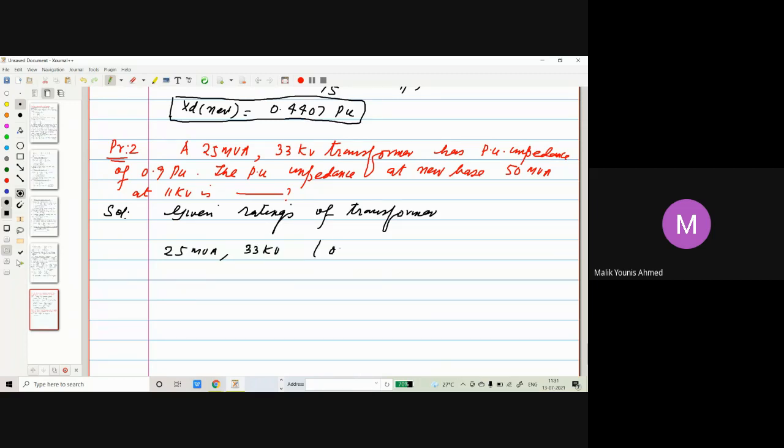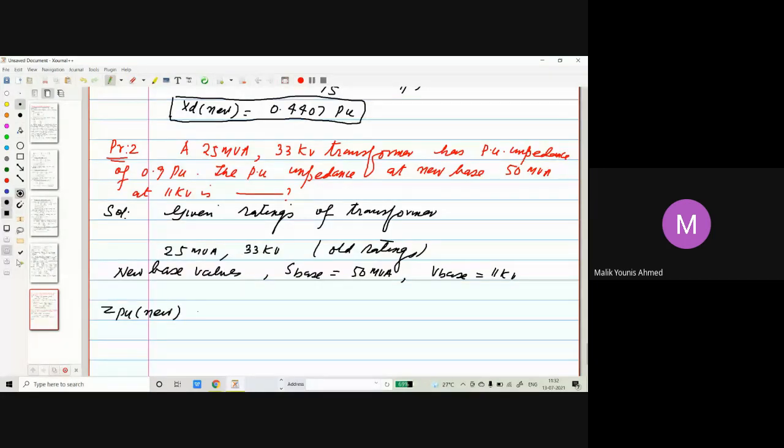These are all old values. The new values will be given to you, and we will write here new base values: S base is 50 MVA, V base is 11 kV.